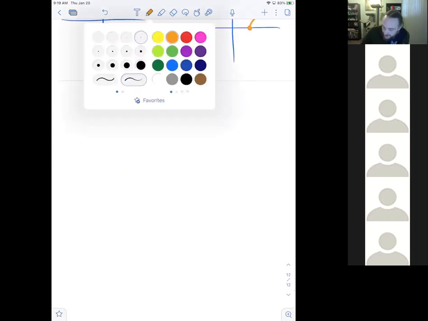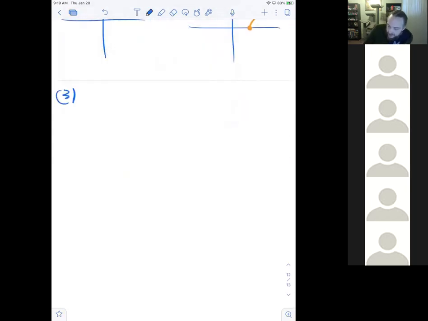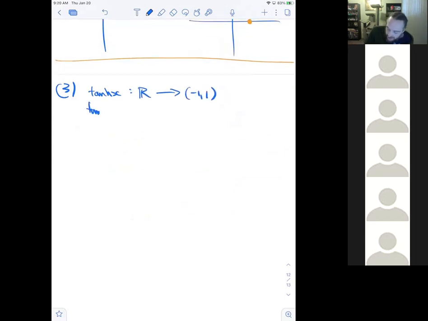And then finally, the third one, tan hyperbolic x. Where does it go from? It goes from R into -1 to 1. So tan hyperbolic inverse has to go from -1 to 1 into all the real numbers. What's that going to look like?